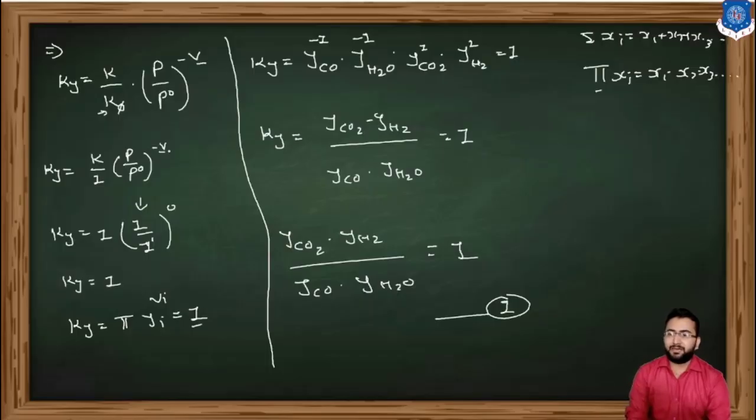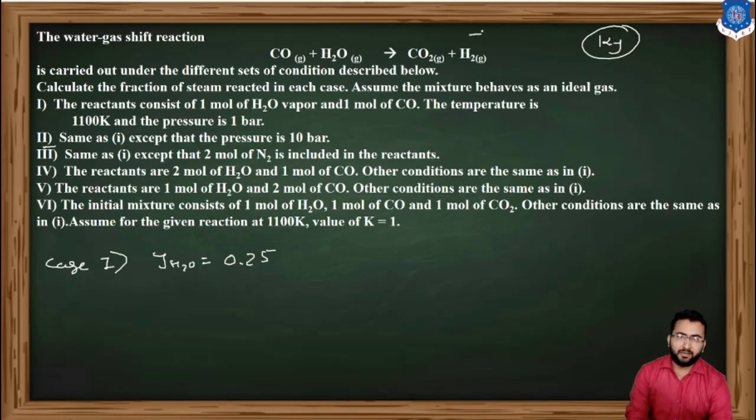Now the total stoichiometric number for our reaction is 0, because the stoichiometric number for CO is -1, H2O is -1, for CO2 it is 1 and for H2 it is 1.